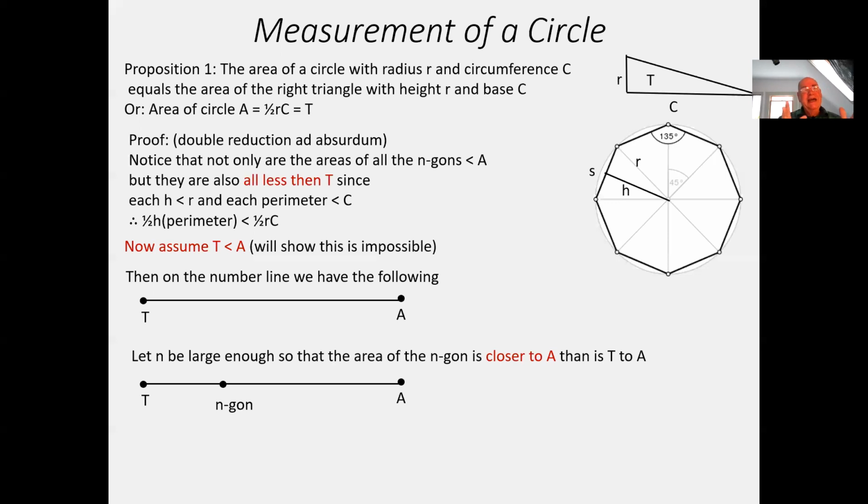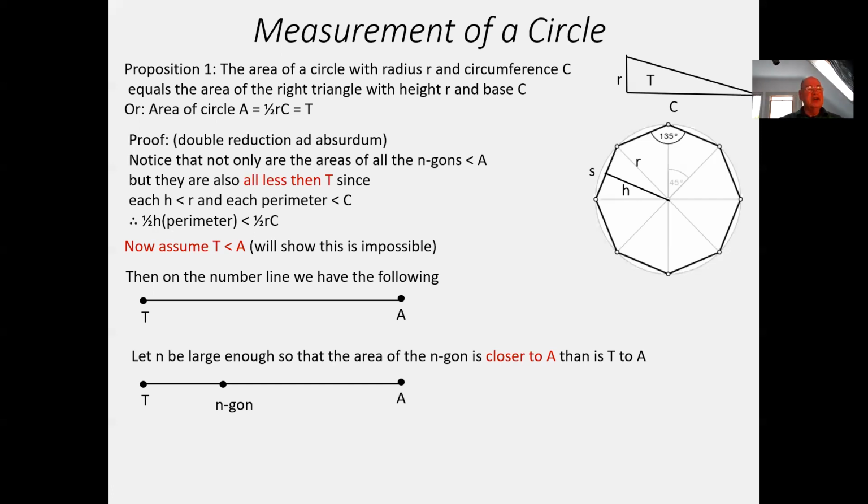Because once you say that the triangle is this much less than the area, then I'm going to give you an n-gon which is closer to the area of the circle than the triangle. But we've already agreed that the area of all the n-gons are less than the area of the triangle. We know this. We know that all those heights are less than the radius. All its perimeters are less than the circumference.